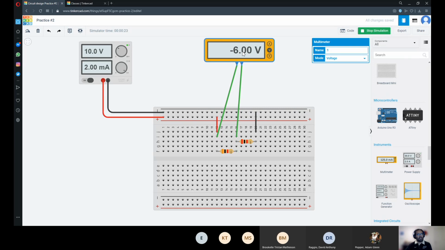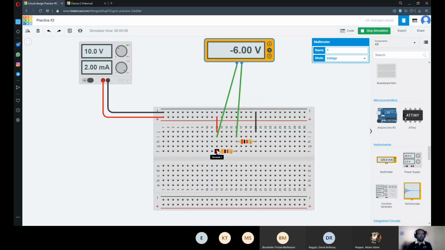So we see that the voltage I'm measuring is negative because the current is flowing from the plus towards the circuit and back to the minus terminal.